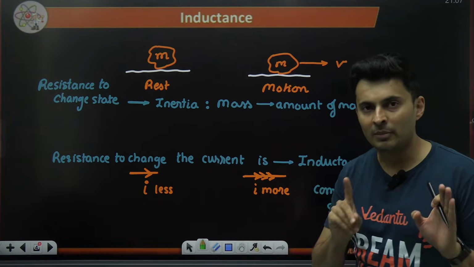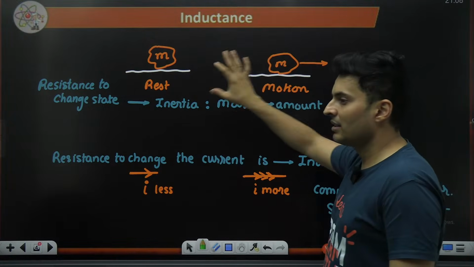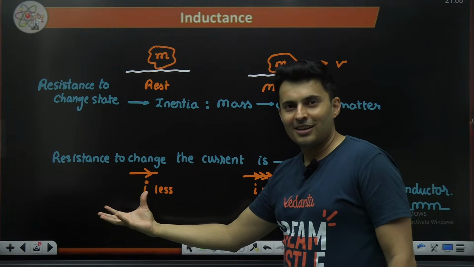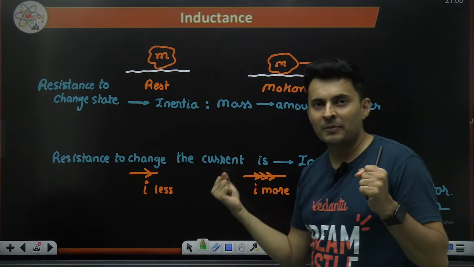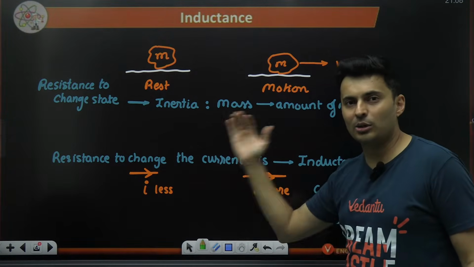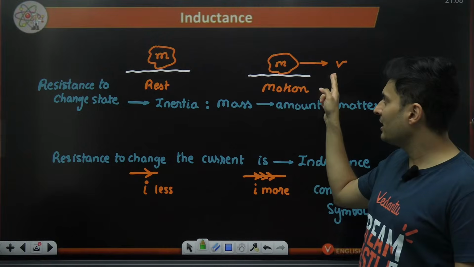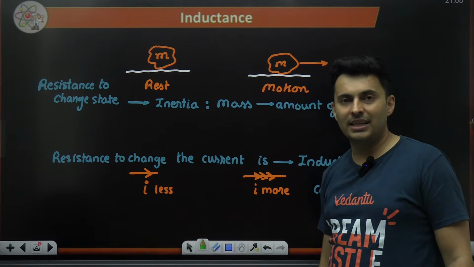Correct? Number one. Number 2 point. A moving mass has some velocity. A wire or a conductor or an element or a component will have something flowing through it that will have current. Any change in velocity will be dependent on how much inertia it has.